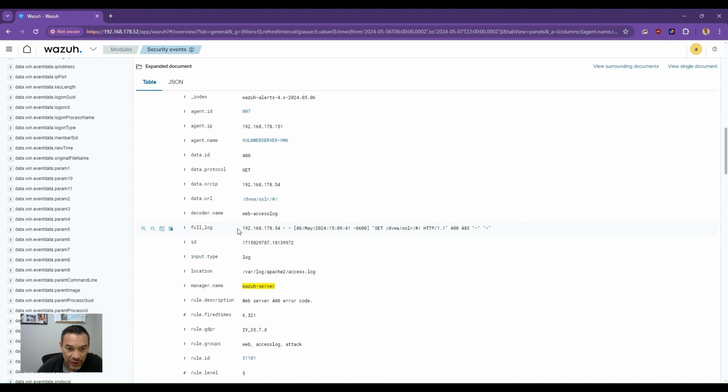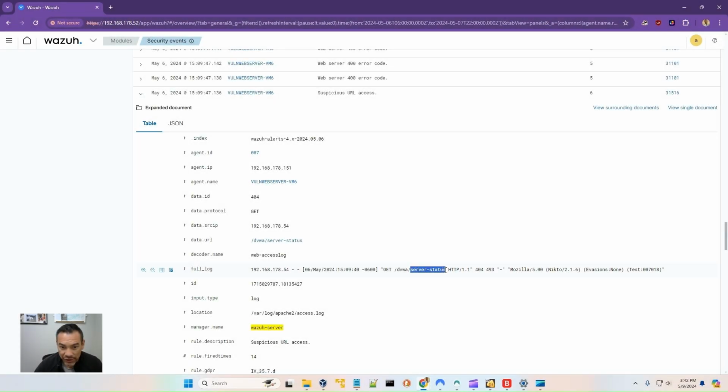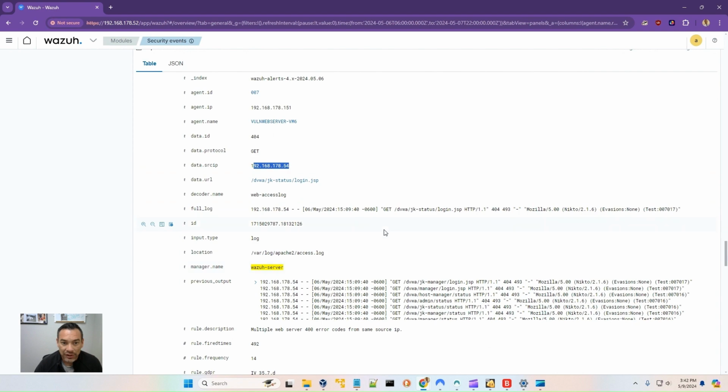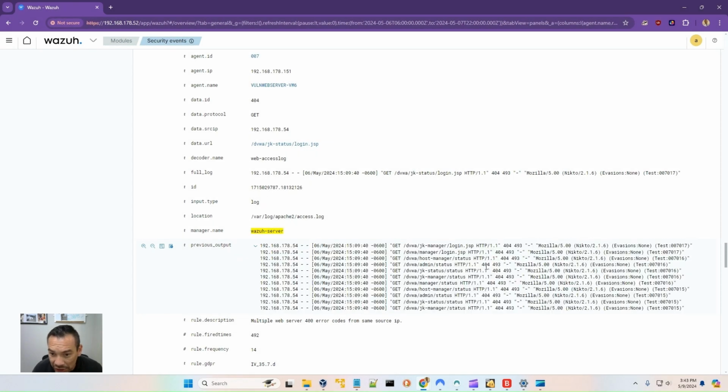This is interesting. This time they did a GET request in a different way. Status. I think this is a funny one because what normal user would be looking for a server status report from the outside? I mean, you would log in. It's that same .178.54. This is kind of neat. We can see them all in a row.